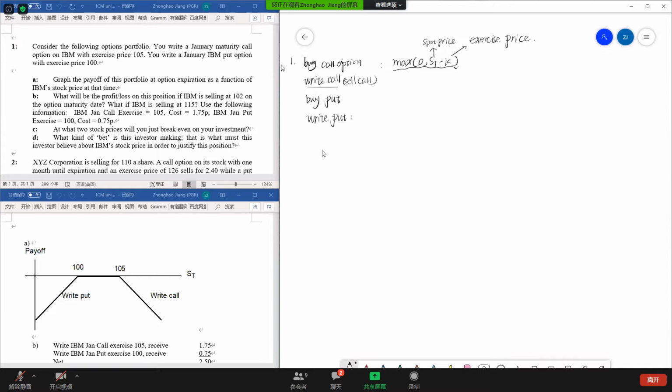Or you can write it like this. And the payoff of a write call option is negative. And for a buy put option, the payoff is the bigger value between 0 and the exercise price minus the spot price. And the payoff for a write put option is negative.